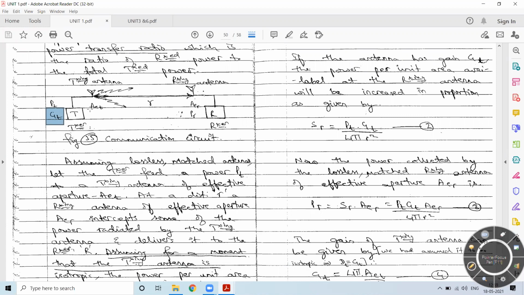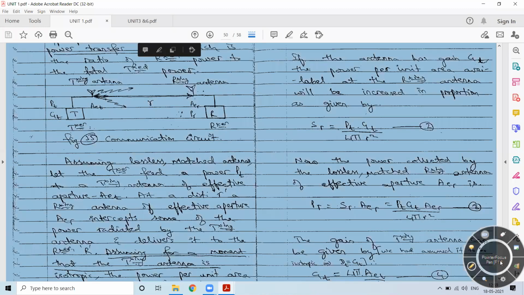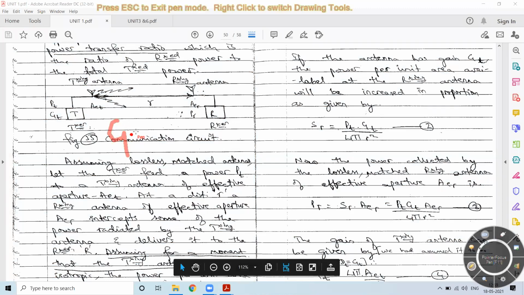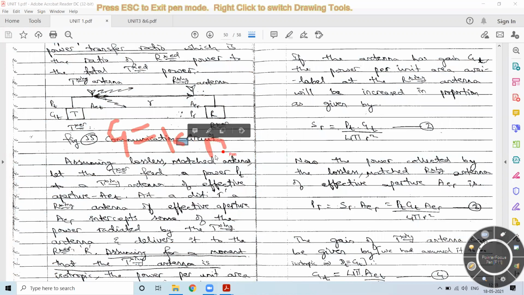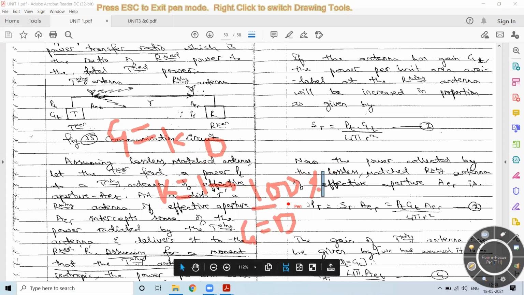If you remember, we had observed that G is equal to K into D. When K is equal to 1, that is, the system is 100% efficient, under that condition we have G equal to D. And an isotropic antenna is the one which has 100% efficiency.